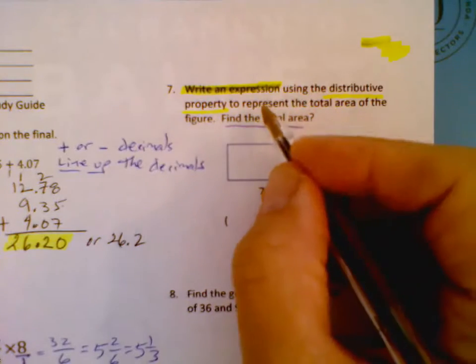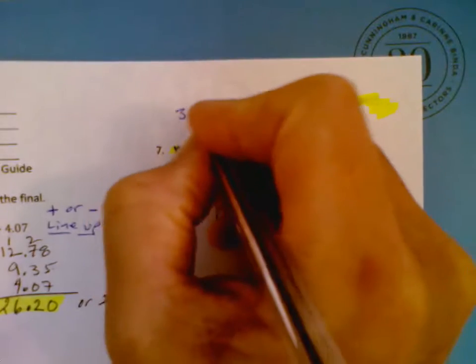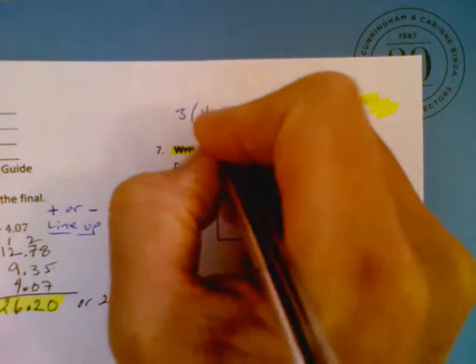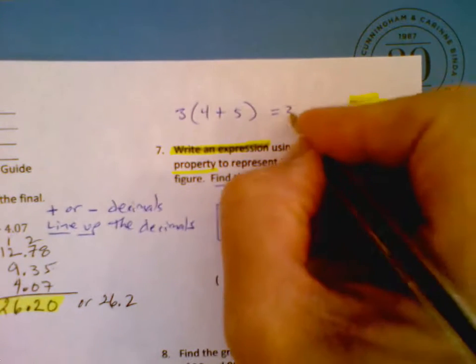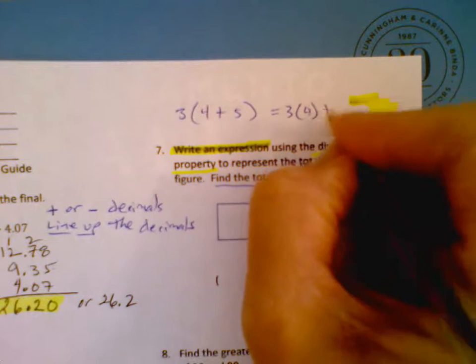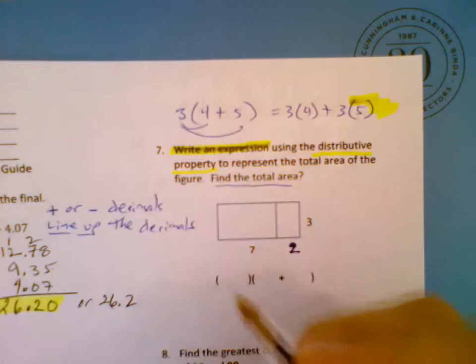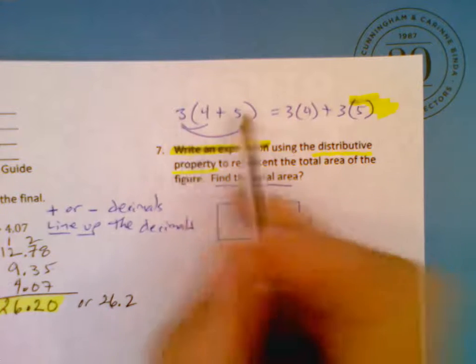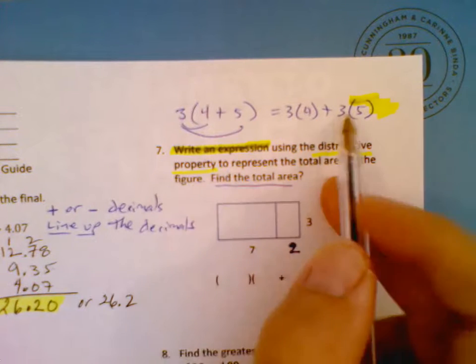Recall that the distributive property is this idea. When you have, say, 3 times 4 plus 5, this is the same thing as 3 times 4 plus 3 times 5. So I distributed the 3 across the two numbers on the inside, and I kept the sign, the operator, the same.